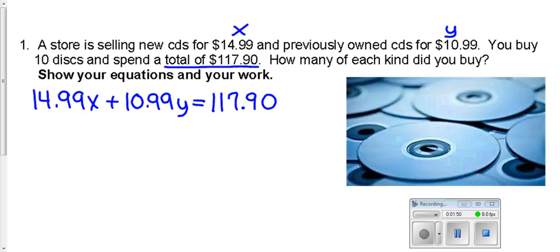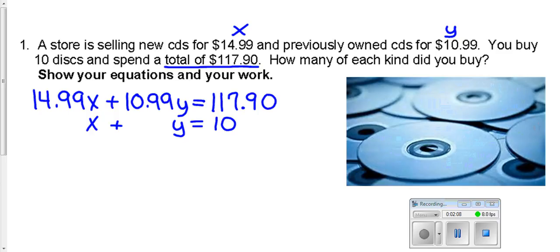Now, for the second equation, we don't know how many new CDs and old CDs they bought in order to buy 10 discs. So all we're going to do is set that up with X plus Y equals 10. Now we have our two equations.